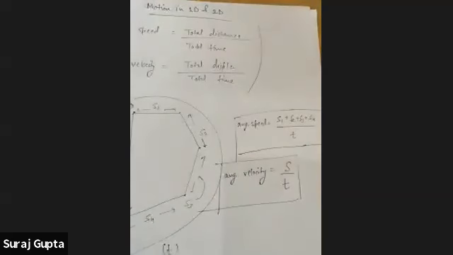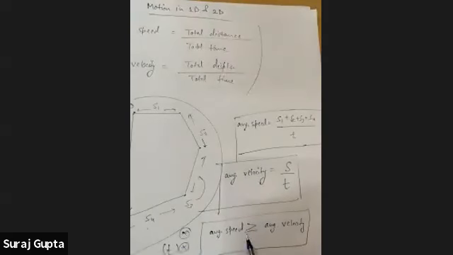And always remember one thing: average speed is always greater than or equal to average velocity. When will it be equal?